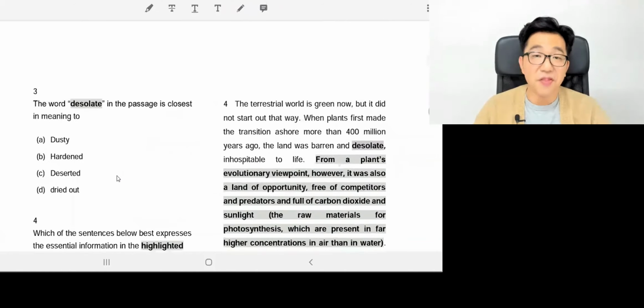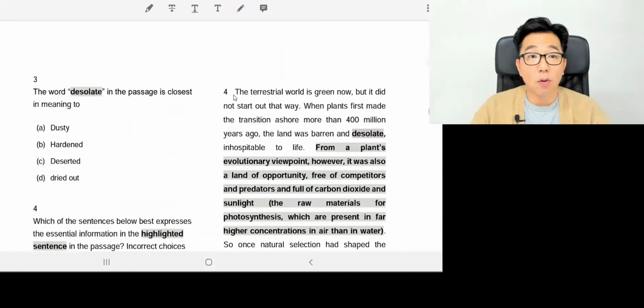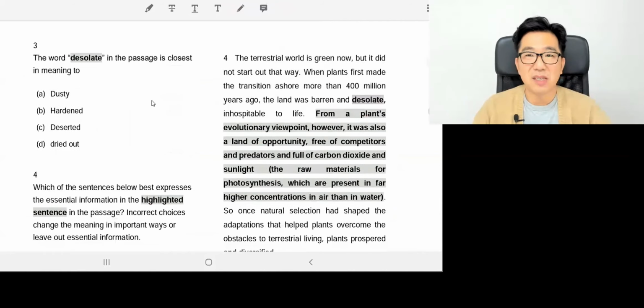Good start, I think. Paragraph 4, question 3. Desolate means empty, deserted, nothing there, barren. That's what desolate means. The terrestrial world is green now.